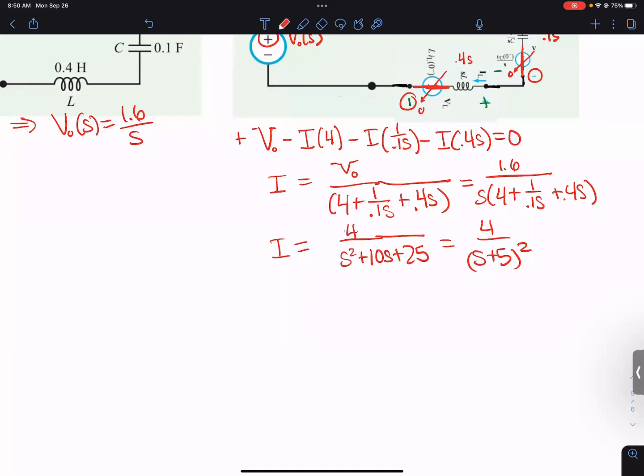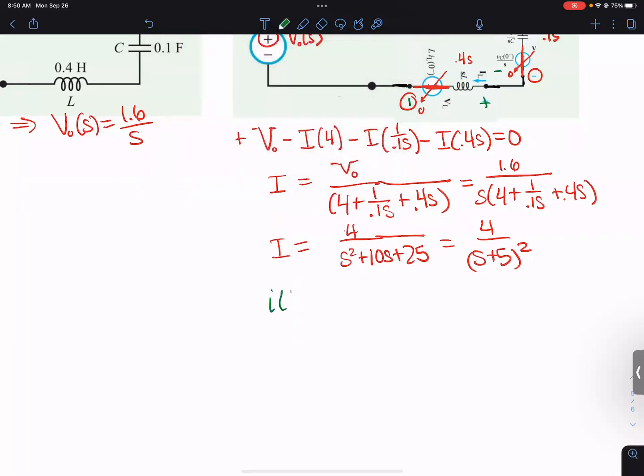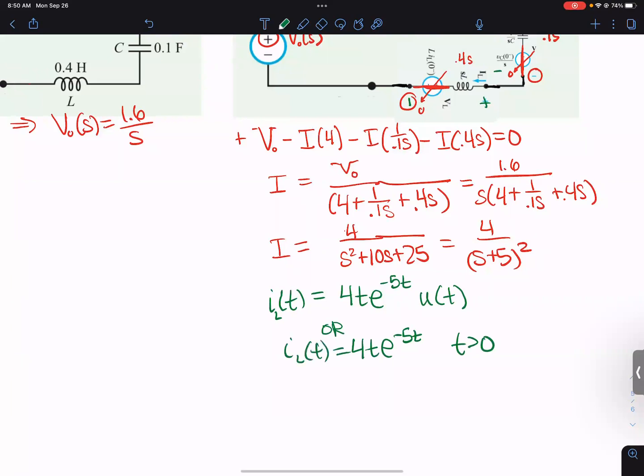And we do the same thing, translate it back. And we get I of T, this was L inverse, of 4te to the minus 5t. And you could use it as u of t or whichever way you like to write that. And that's exactly the same.